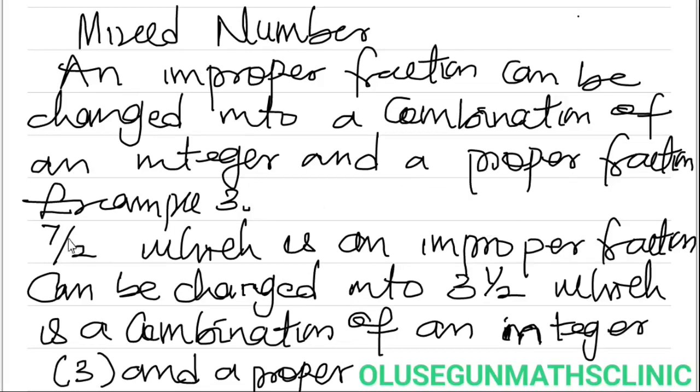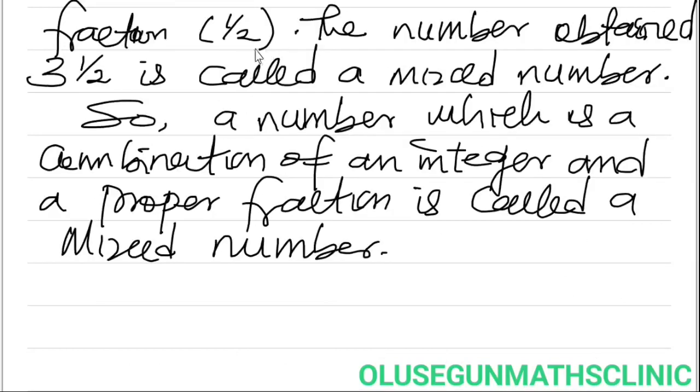Example: 7/2, which is an improper fraction, can be changed into 3 whole number 1/2. That is, 7/2 means 3.5. The 3 is an integer and 1/2 is a proper fraction, so it is a combination of an integer 3 and a proper fraction 1/2.